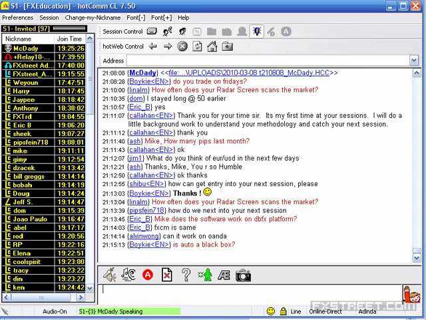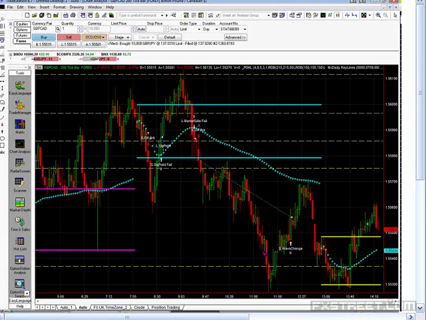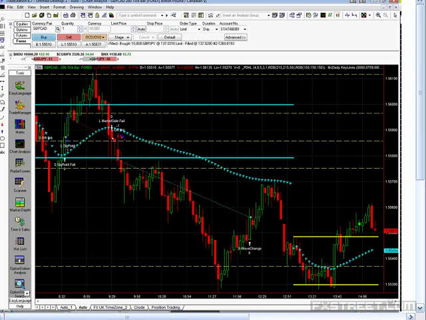But every rule is explained to you in detail, and you would see that, for example, here, it is written why did we get out of the trade?